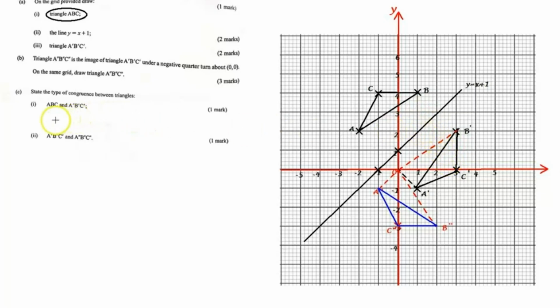So that is oppositely congruent. Then for triangle A prime, B prime, C prime and the other one, for rotation they are normally directly congruent.